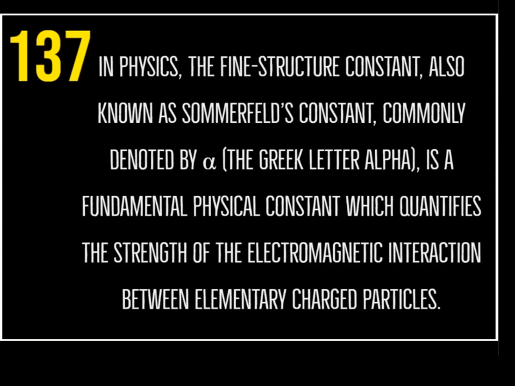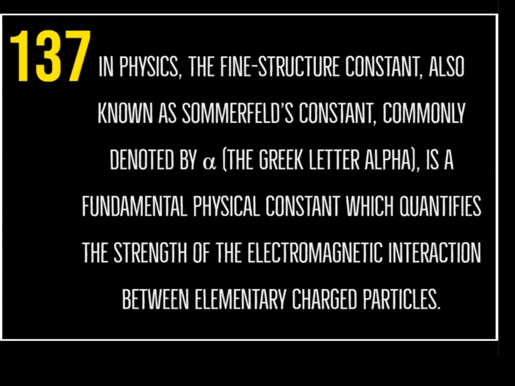So the starting point of the alpha is 137. All right, and that's also the Greek letter alpha. It is a fundamental physical constant which quantifies the strength of the electromagnetic interaction between elementary charged particles.